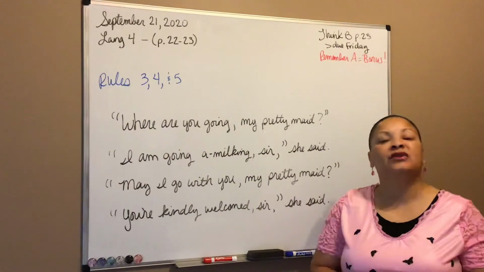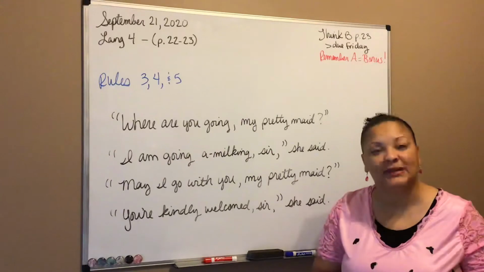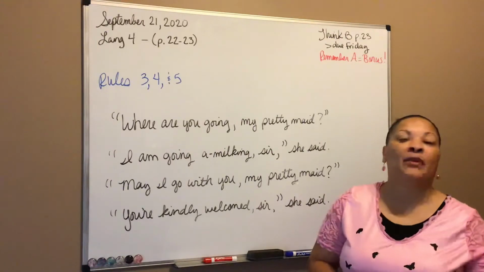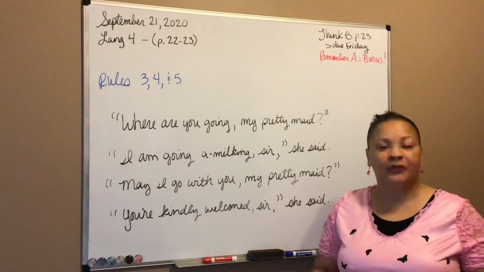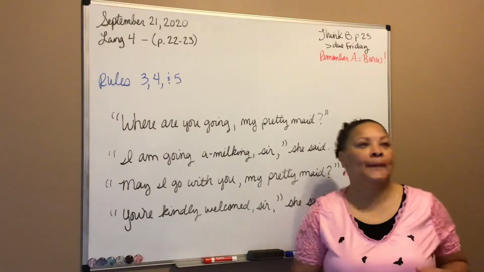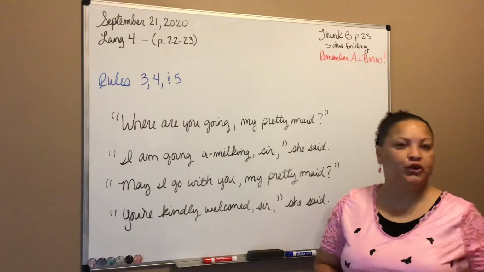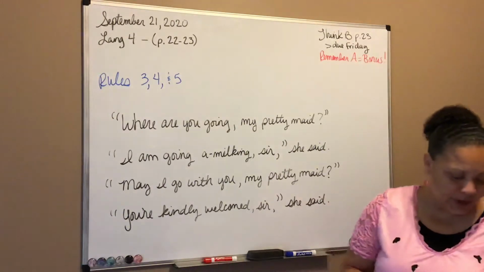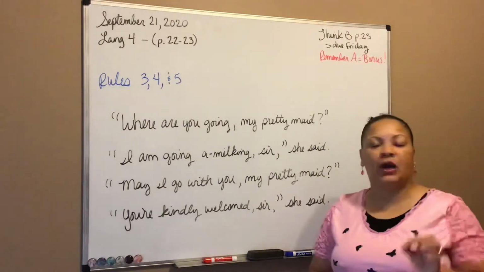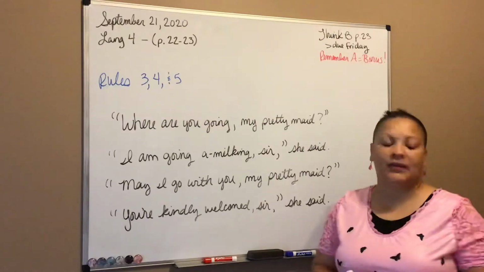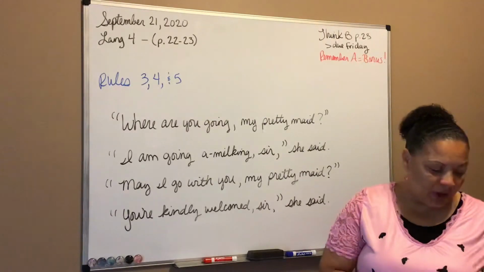When the person of direct address is in the middle of a sentence, you need to put a comma before and after it. Okay, so I hope, comma, Joe, comma, that you are doing well. So they're talking to Joe, it's in the middle, so they set it off, okay?